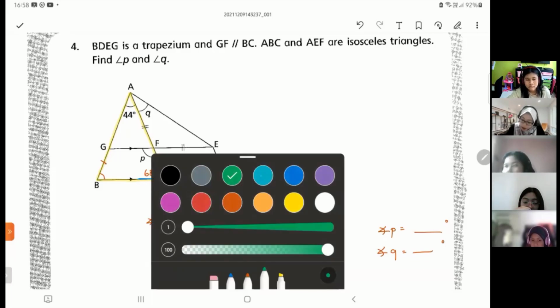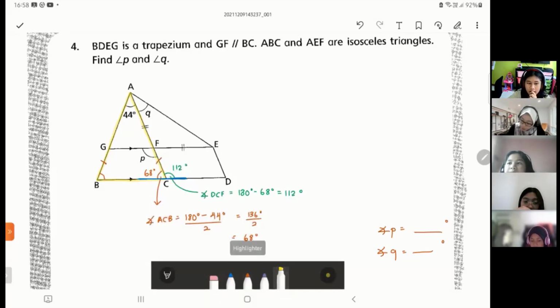Now I want to change to purple highlighter, pink. Okay, so I want you to look at, there's a parallel line here and here. There's a parallel line, these 2, correct? So which means I can find a Z rule. Can you see this Z? I'm going to erase this. So can you see that Z, the one in pink?